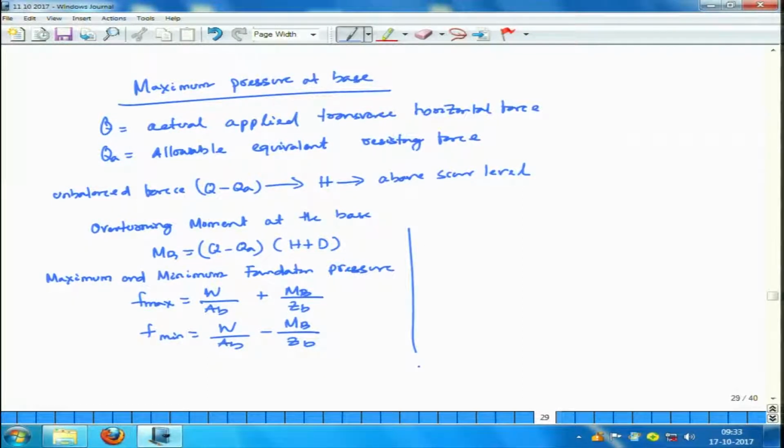So, W is equal to net vertical load on the well base, after taking account of buoyancy and skin friction.